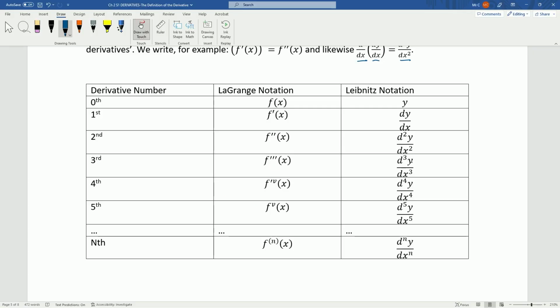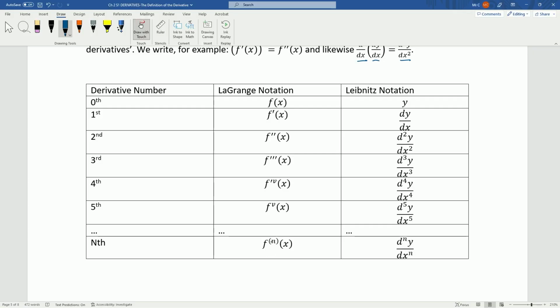The third derivative of y with respect to x 3 times. Fourth derivative. Once we get to the fourth derivative, we'll usually write it in Roman numeral style. This is the fourth derivative of f of x, or the fourth derivative of y with respect to x 4 times, and so forth and so on.